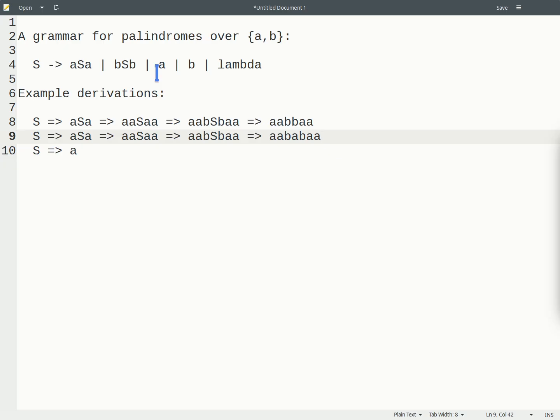So any palindrome of odd length has either an A or B in the middle, and using this rule S goes to A or S goes to B, we can put exactly this A or B in the middle. So this grammar indeed generates all palindromes of even or odd length, so all of them over the alphabet {A, B}.